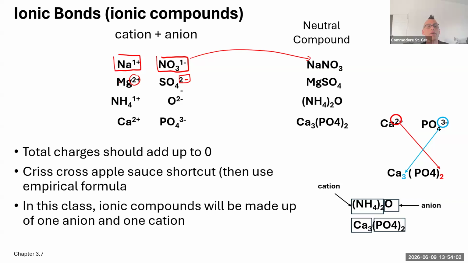I think I got a little off track. But that's going to be 1 atom of magnesium, 1 molecule of SO4, which is sulfate, and then you put them together, it's magnesium sulfate, because 2 plus and 2 minus add up to 0.